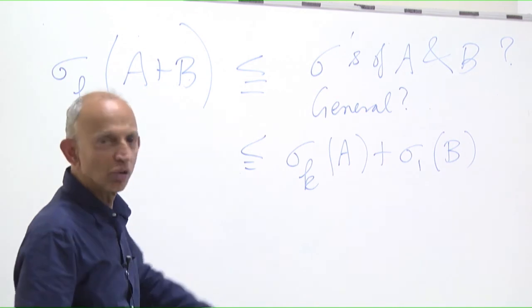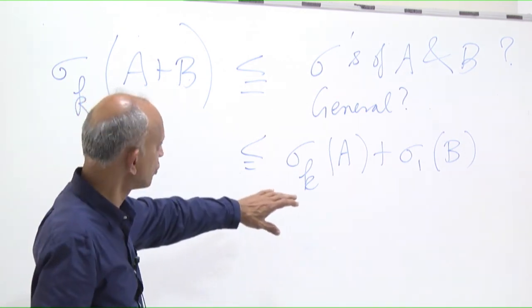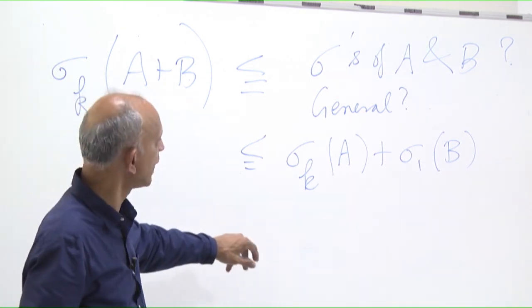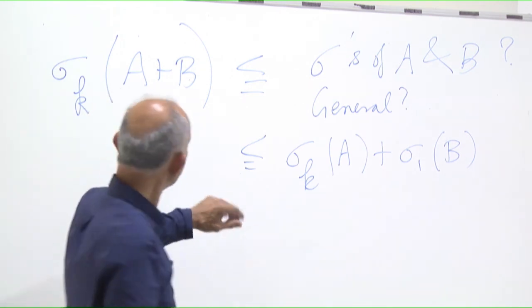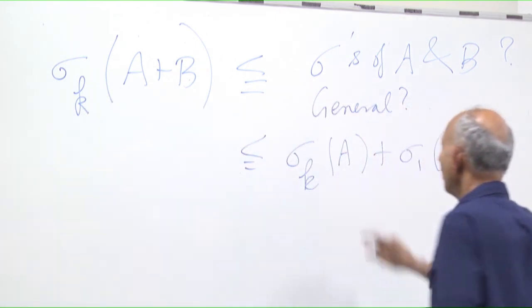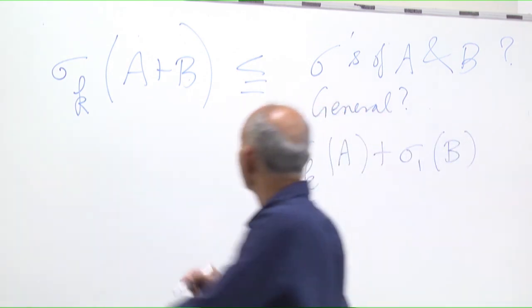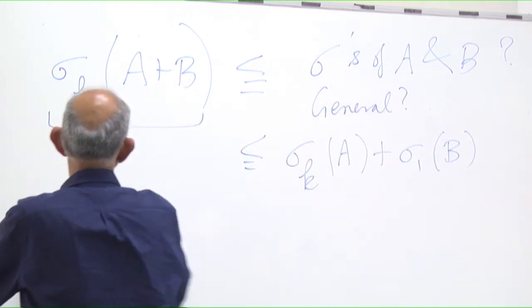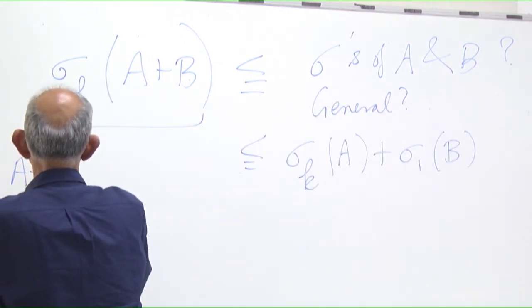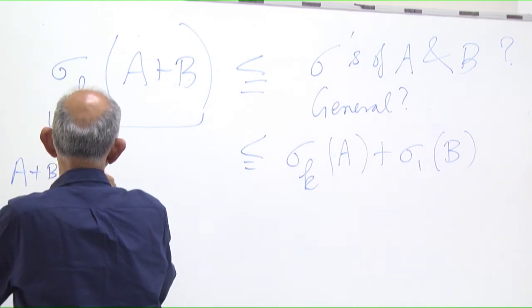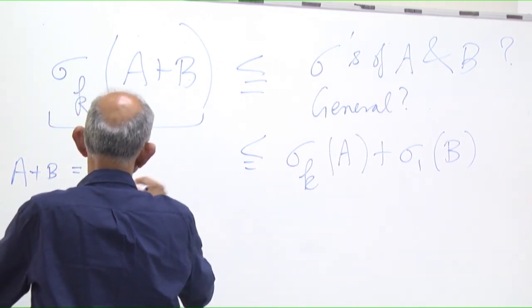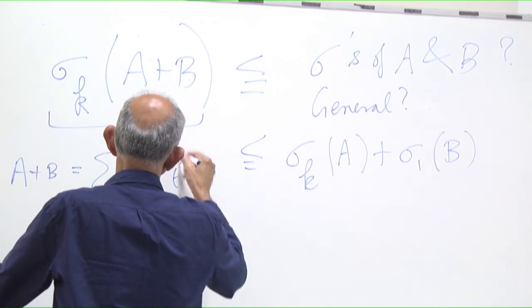Now, you prove anything like this by taking the kth singular vector of one of these things, of either A or A plus B. I want to prove this is greater than or equal to, so I take the singular vectors of A plus B, U_t, V_t transpose.